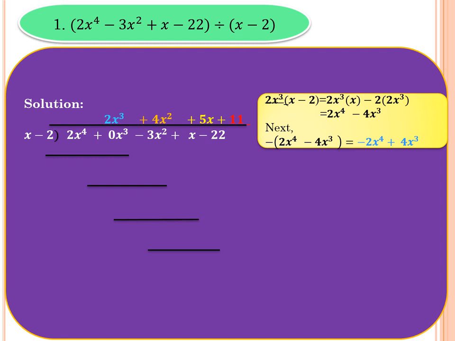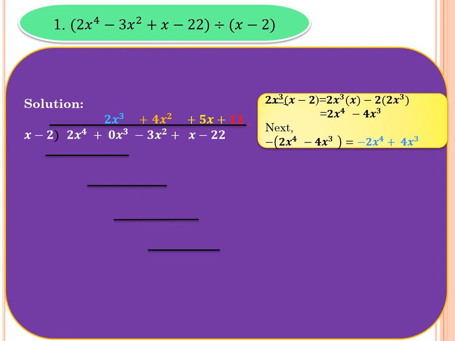Since the product we got, 2x to the power of 4 minus 4x cubed, would be a subtrahend for the next operation, what we will do is change their signs, for that is the rule of subtraction. And then after that, we proceed to addition.